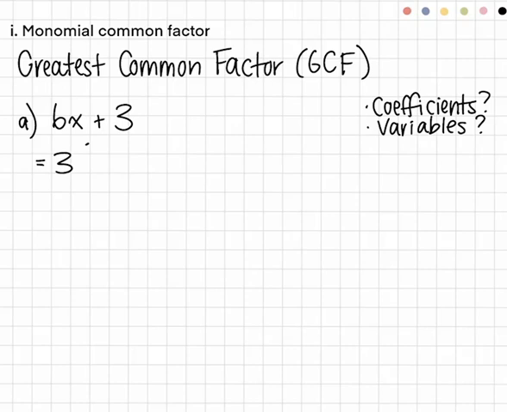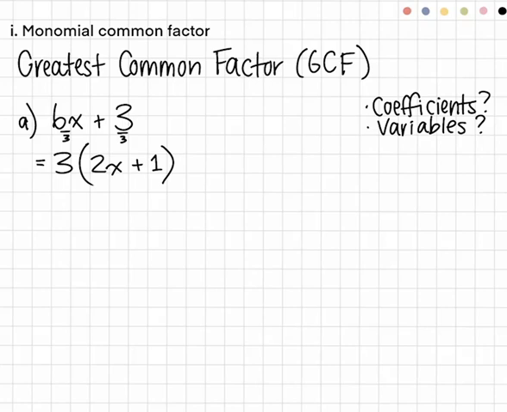If I pull out a 3 from both of them, it's like I am dividing each of them by 3. So I'll just draw that underneath here so you can visualize it. If I divide both of these by 3, what am I left with inside my brackets? Well, 6x divided by 3 is going to give me 2x, and 3 divided by 3 is going to give me positive 1.